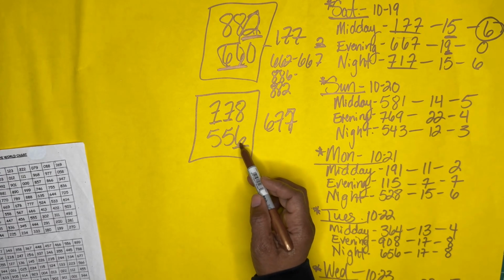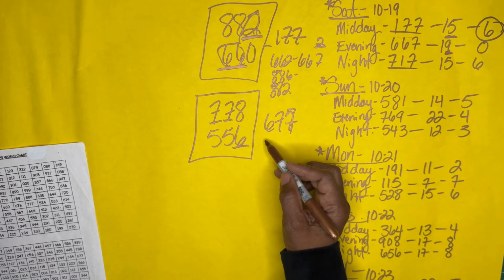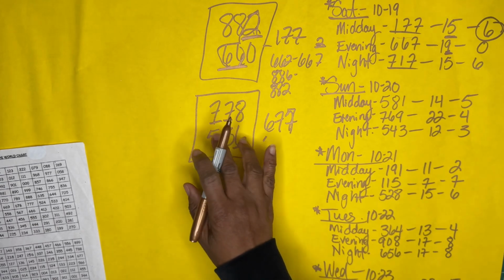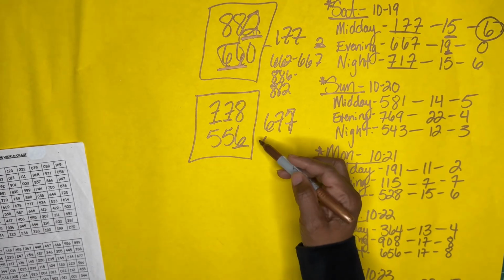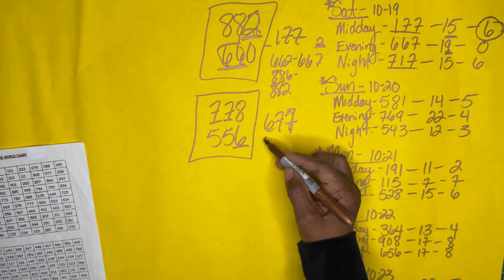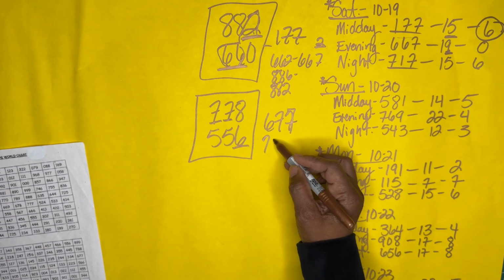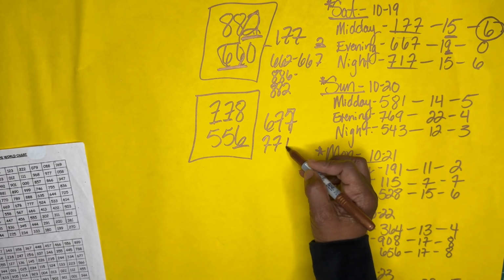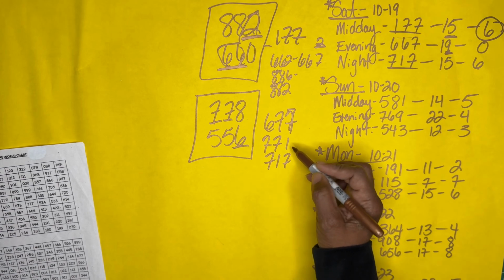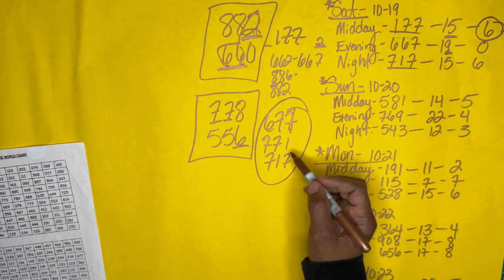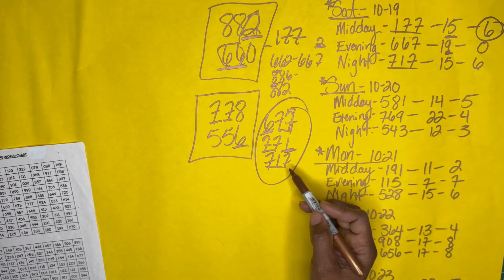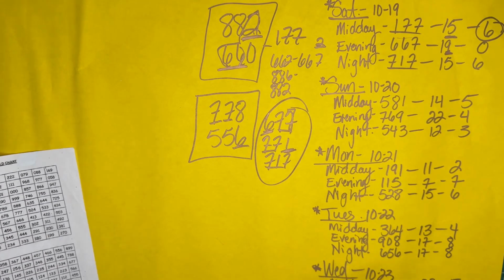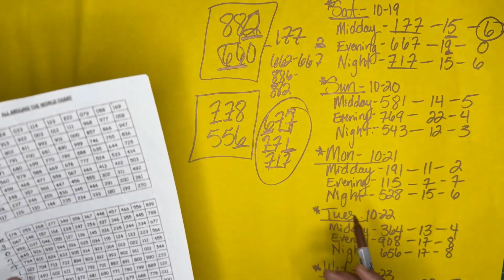Sometimes when I see the same number that's there, I take it and I play it back. And again, they used 771 or 717, all of these are the same number. It's just the 1 is a 6, and these 7s came back. So that's how you use the chart.